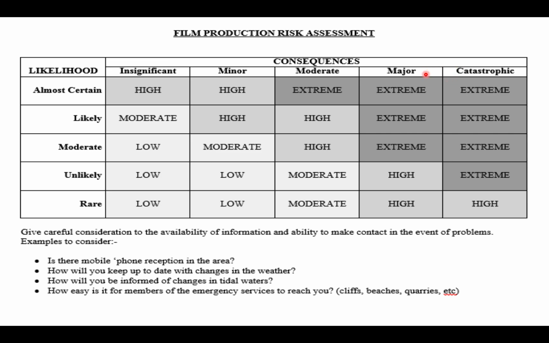Someone could get hurt and also someone could actually break something that's quite expensive. That is quite a major incident. So what you do is you follow the likely route and the major route, and that would mean that it's an extreme risk.